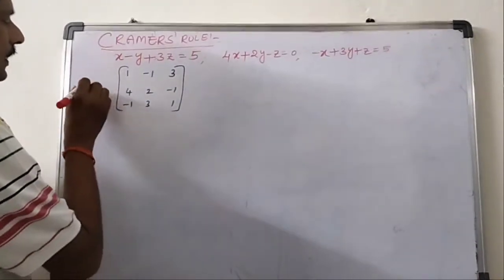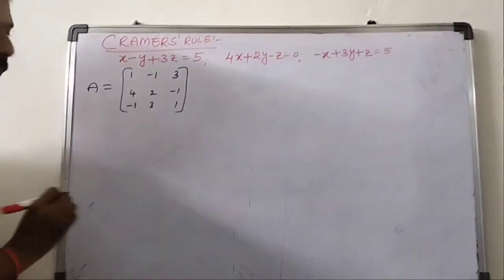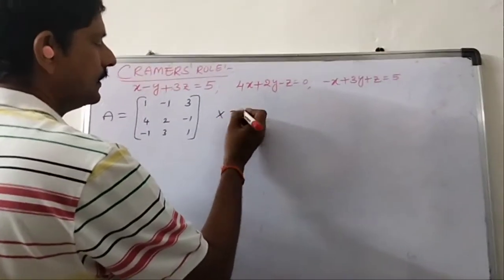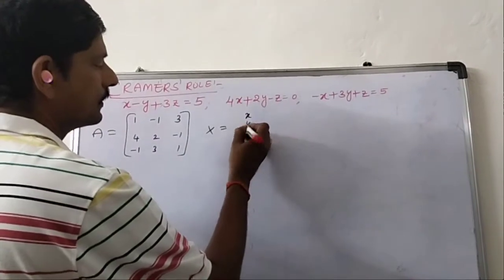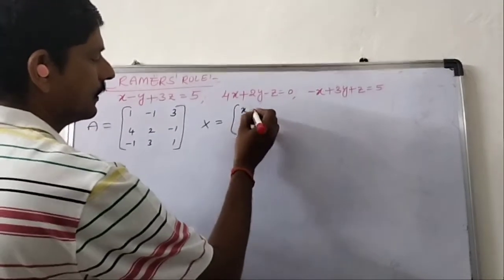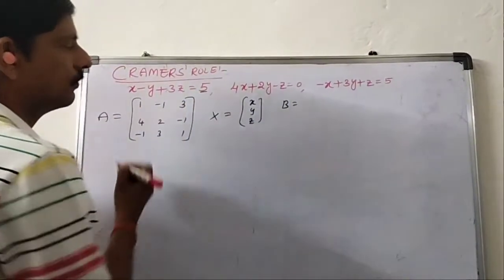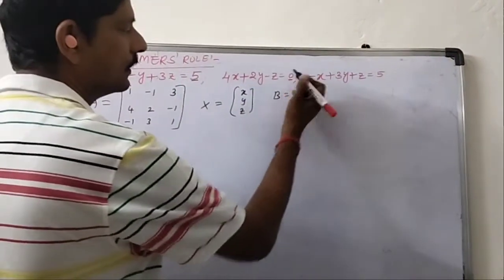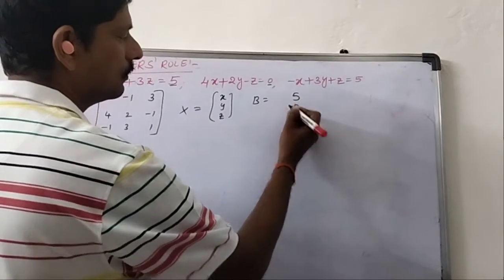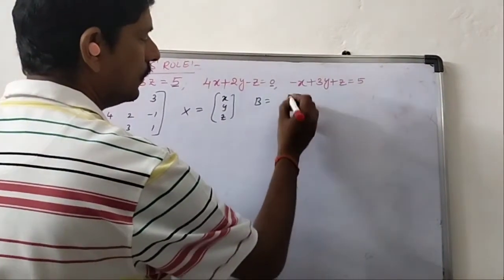So this is the coefficient matrix, call it A. X is equal to x, y, z. B is equal to 5, 0 and 5.